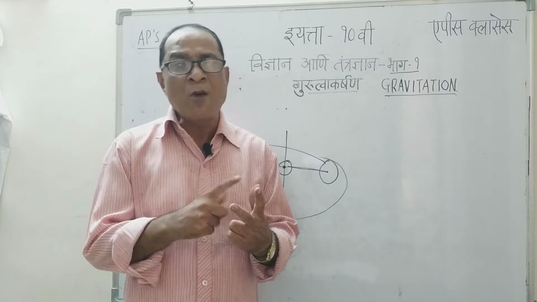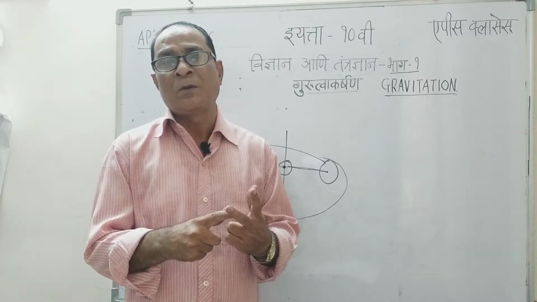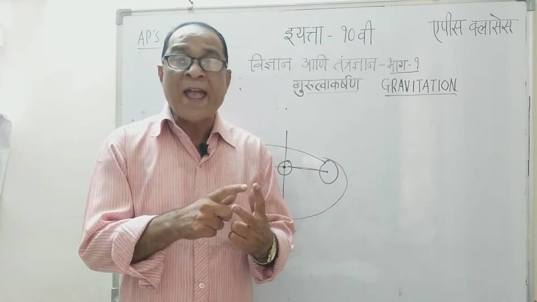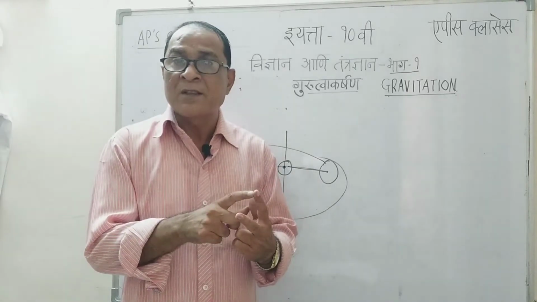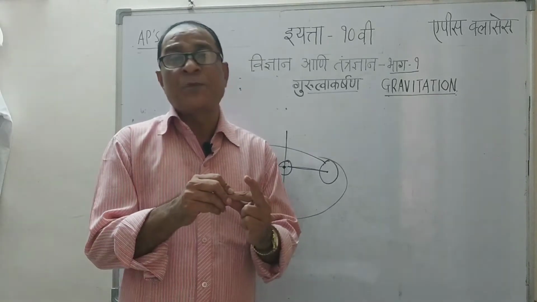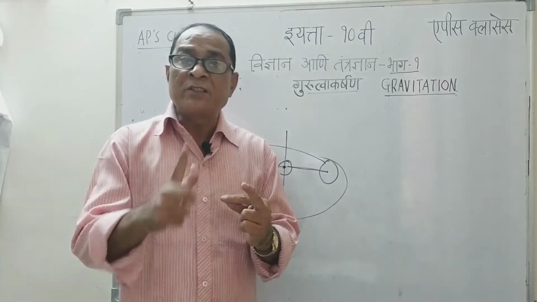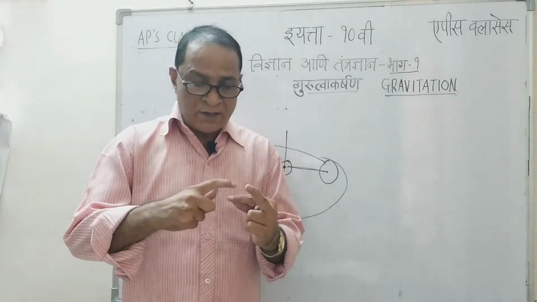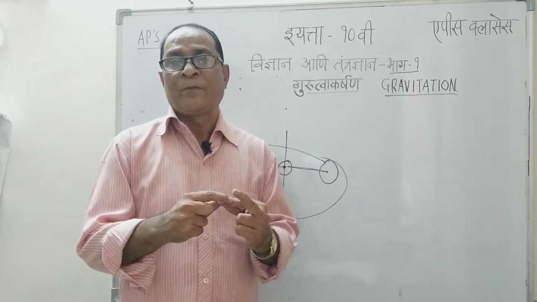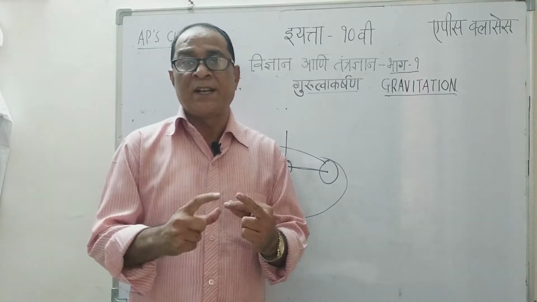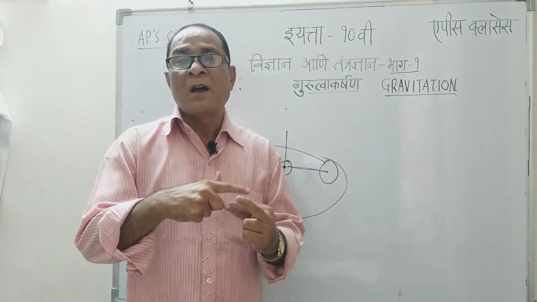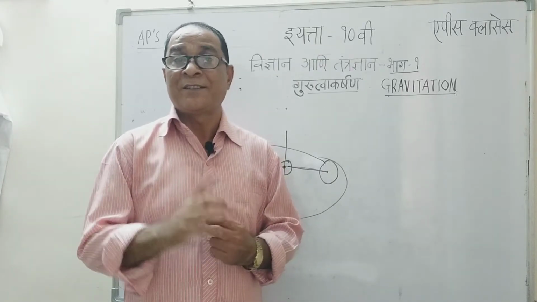The nucleus of any atom is made by protons and neutrons, so the nucleus is positive, and this makes electrons revolve around the nucleus. You have studied already that electrons revolve in orbits around the nucleus. That is one force.